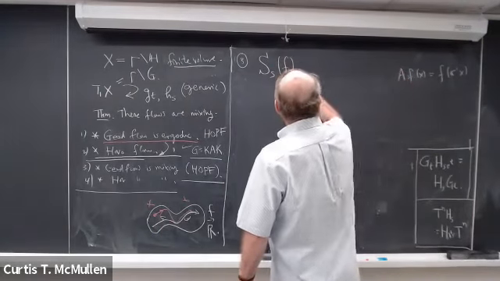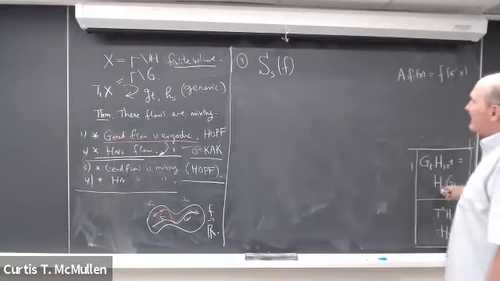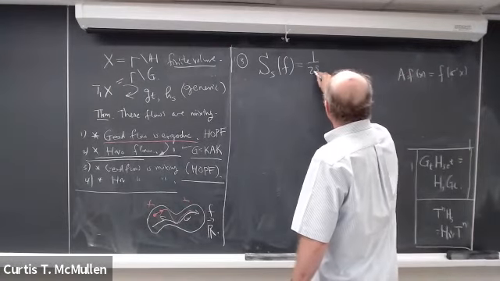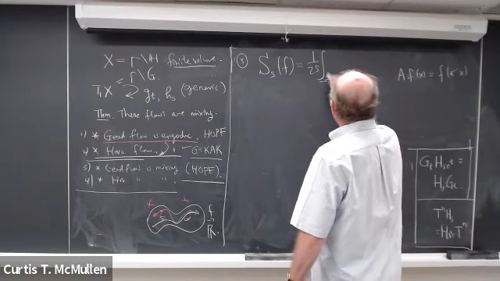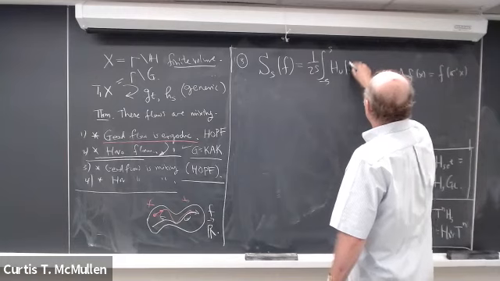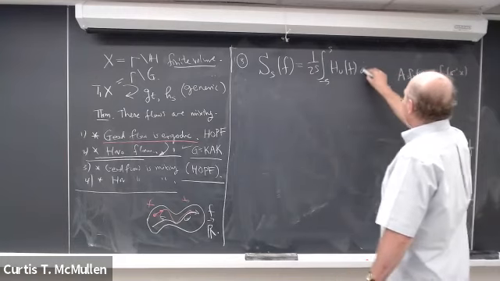So I'm going to define a new operator built out of H_s, which is you take 1 over 2s times the integral from minus s to s of, let's call it, h_u f du.